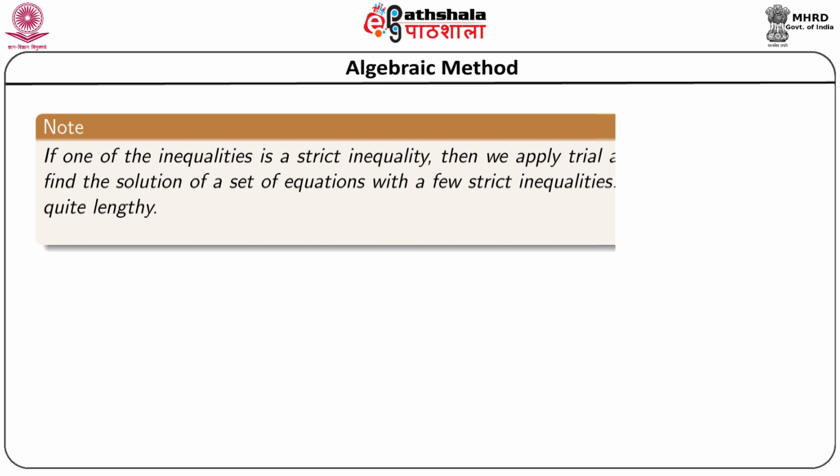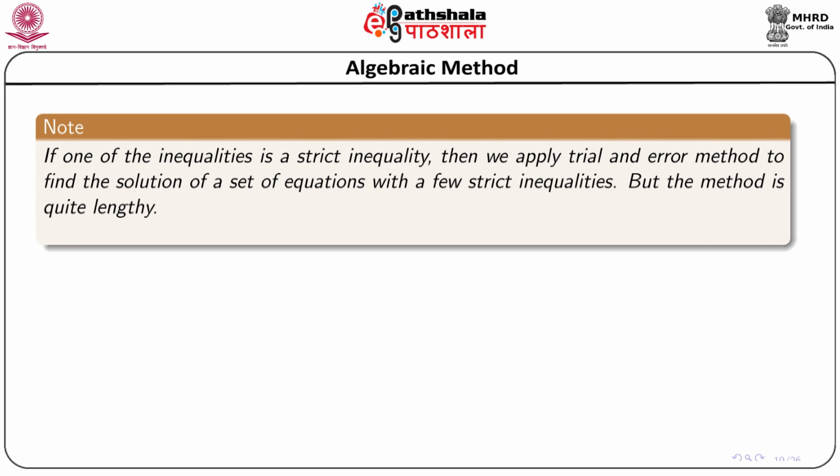It should be noted that if one of the inequalities is a strict inequality, then we apply the trial and error method to find the solution of a set of equations with a few strict inequalities, but this method is quite lengthy.